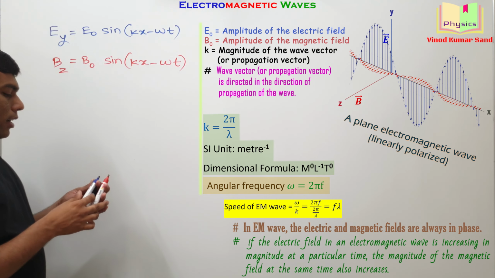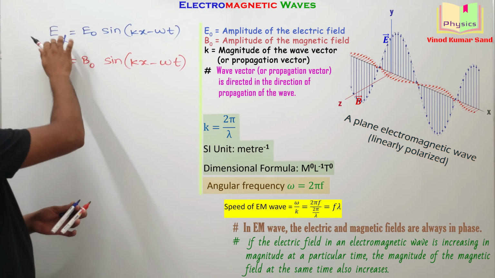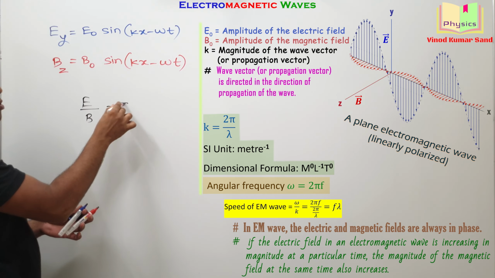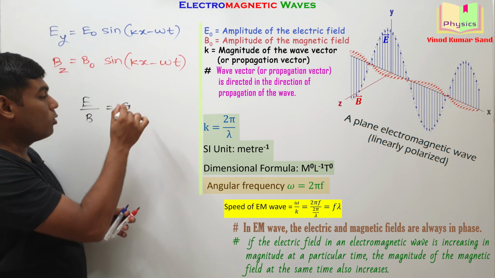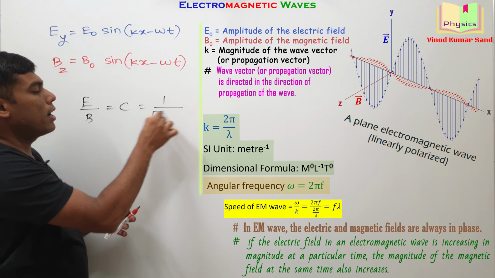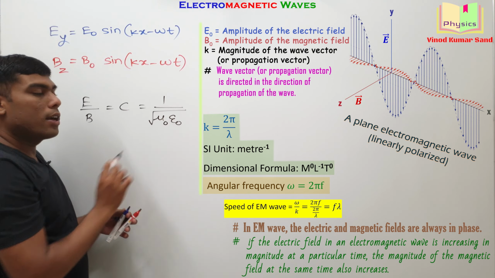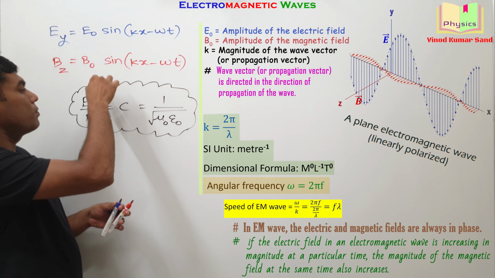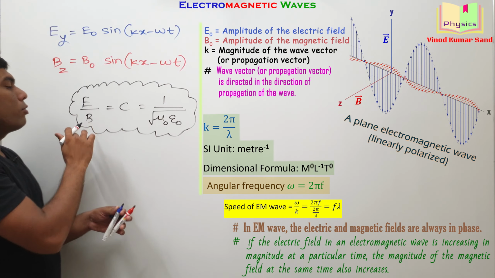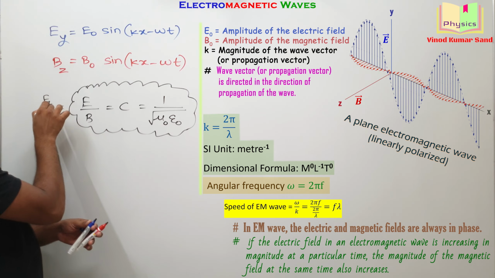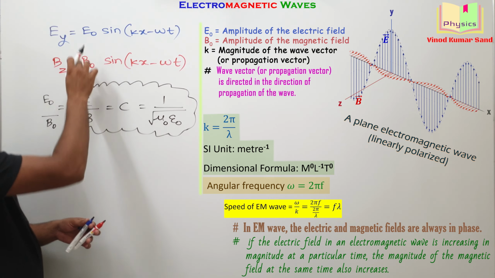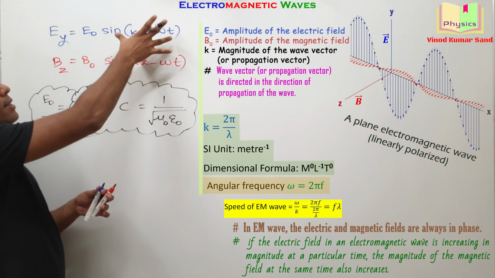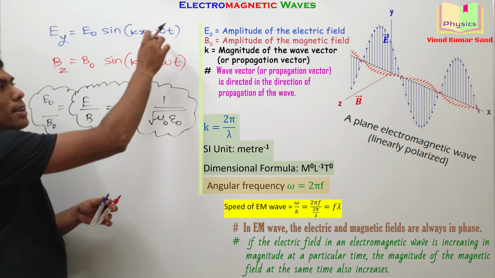Another important thing, if we divide E and B, we will get the speed of light in vacuum, c, which is equal to 1/√(μ0ε0). Another interesting expression. Even if you divide E0 and B0, the amplitudes of these two fields, you will get the same result, because when you divide E and B, the sine and sine terms will get cancelled out.